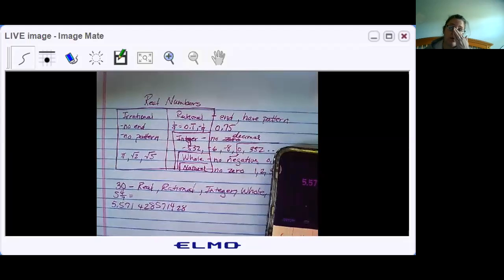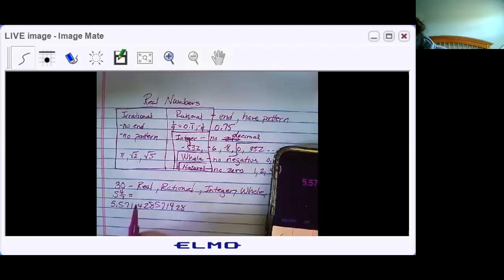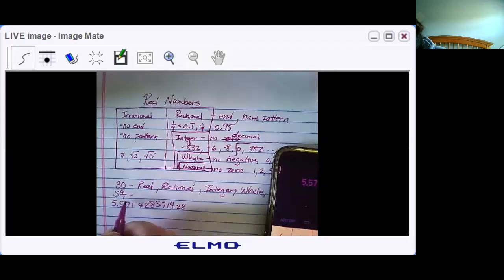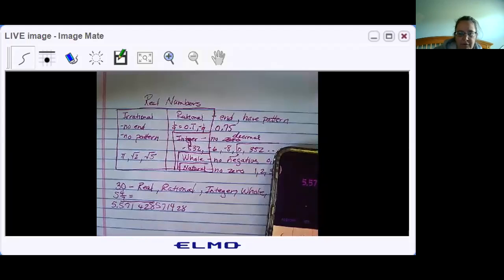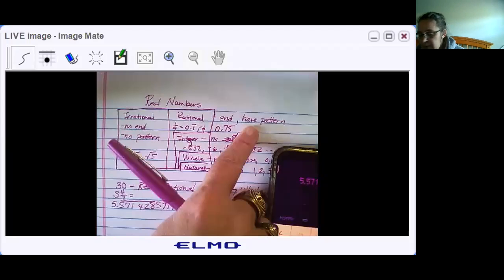If you get a calculator that will go more digits than mine will go, you'll find out that this right here, 571428, repeats itself every time as we go through this. So is this a terminating or a repeating decimal? It's a repeating decimal. It has a pattern.